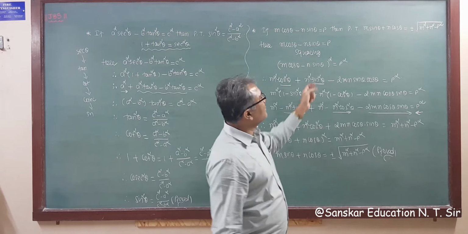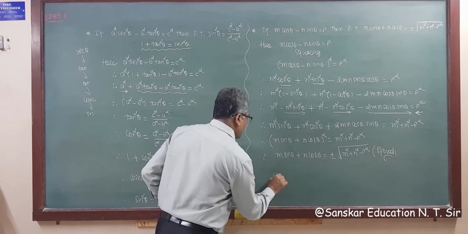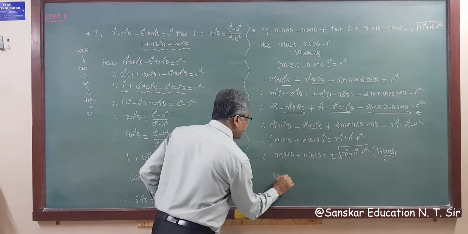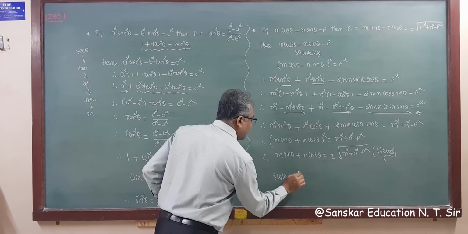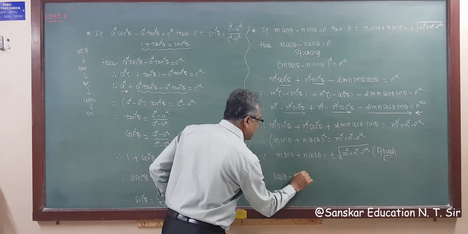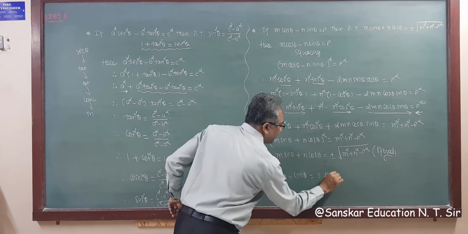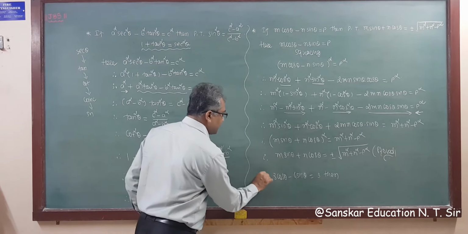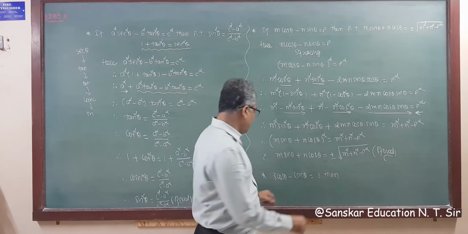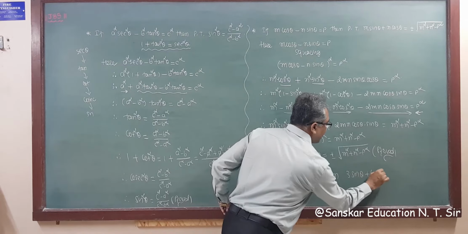If in the question the coefficients are changed, suppose like this: 3 cos theta minus 4 sin theta is equal to 3. Then what is the answer of 3 sin theta plus 4 cos theta?